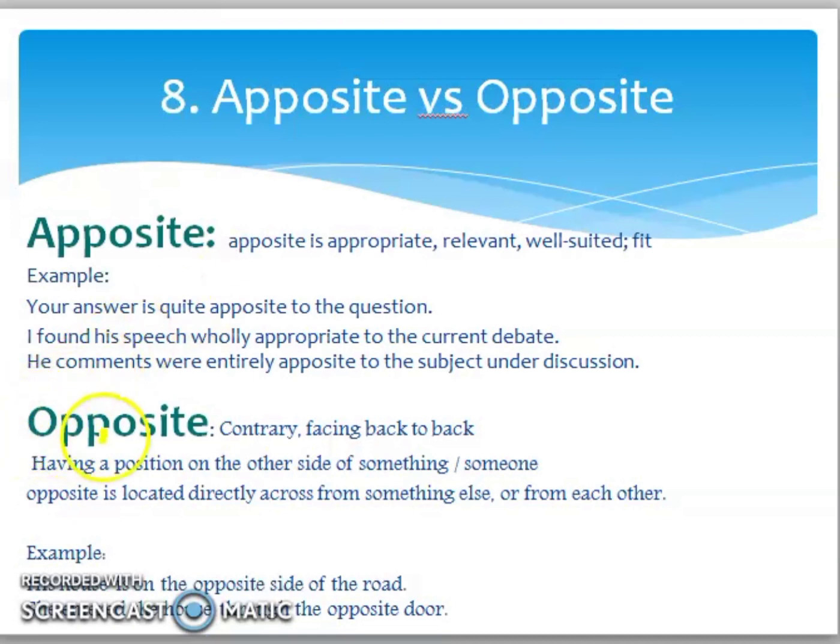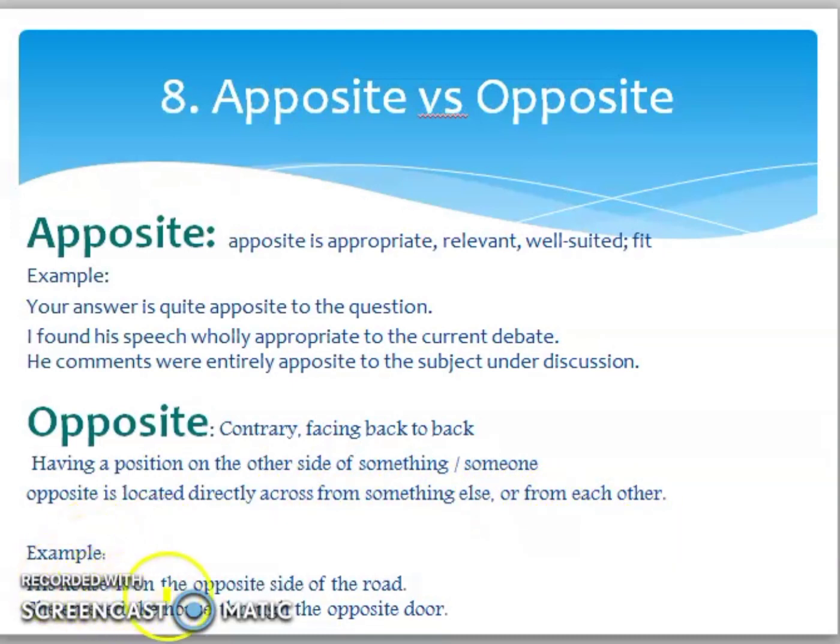Now, the second word, opposite, means contrary, facing back to back, right? I hope you are familiar with this meaning, opposite, something in contrary. Having the position on the other side of something or someone. Opposite is located directly across from something else or from each other.